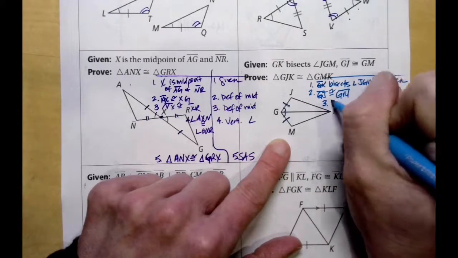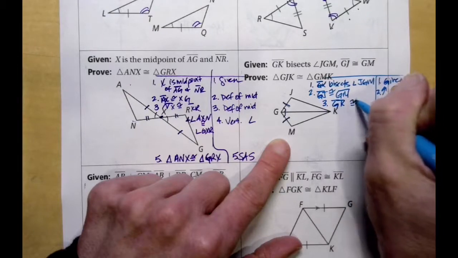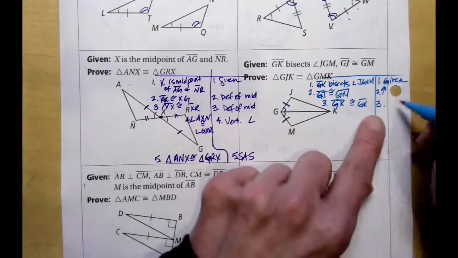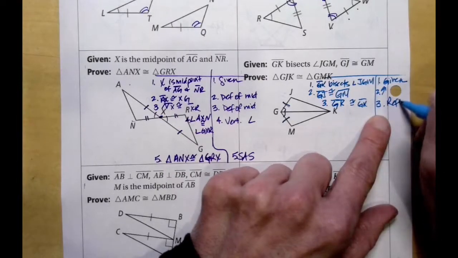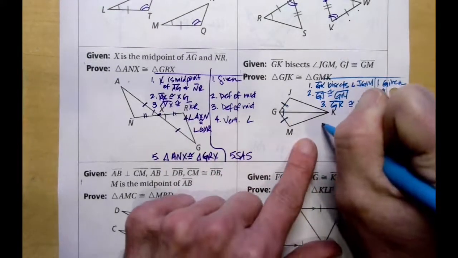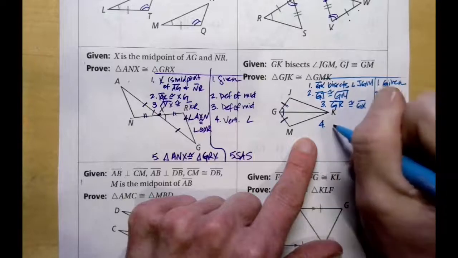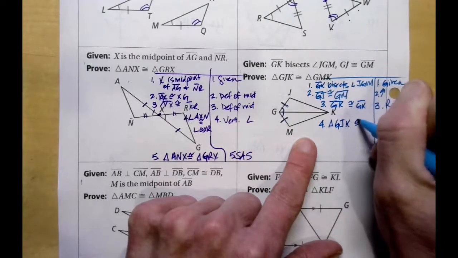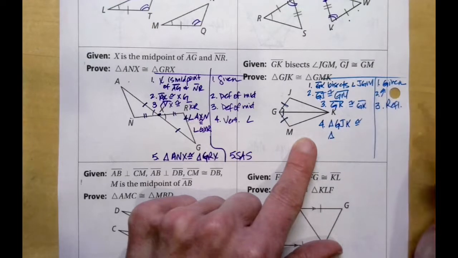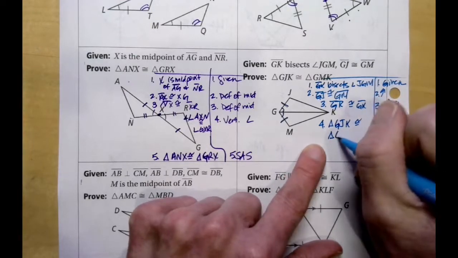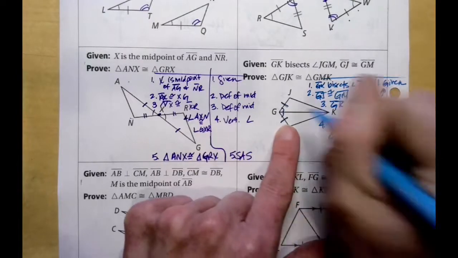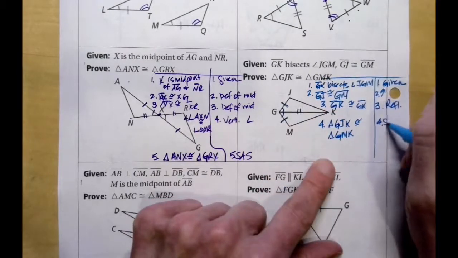I know that GK is congruent to itself, and that is my reflexive. So therefore, I know that triangle GJK is congruent to triangle GMK, and that reasoning is side angle side.